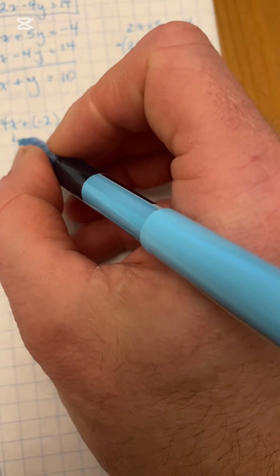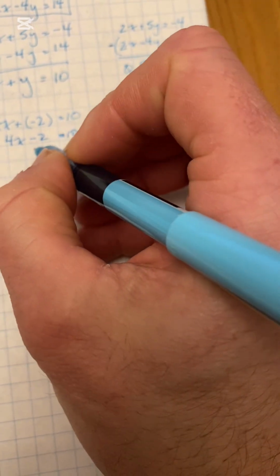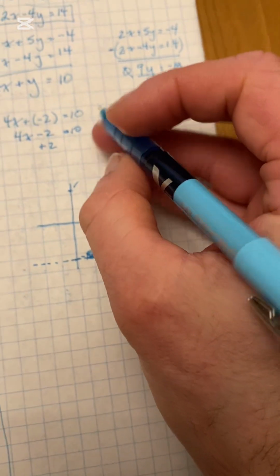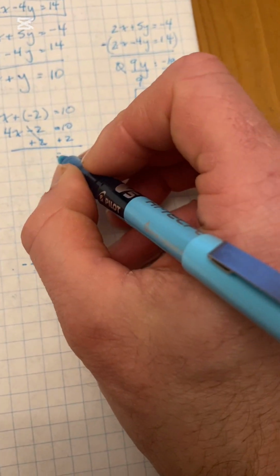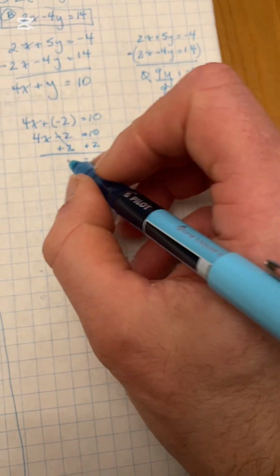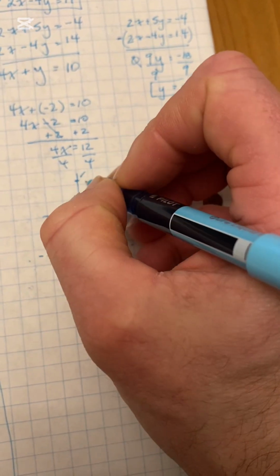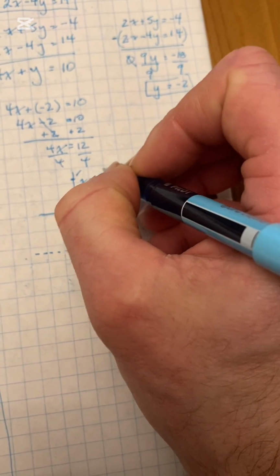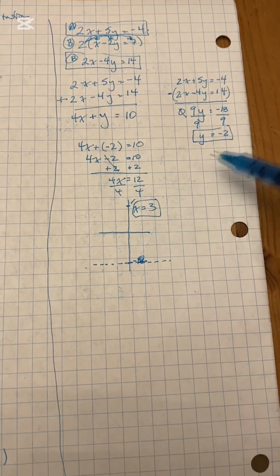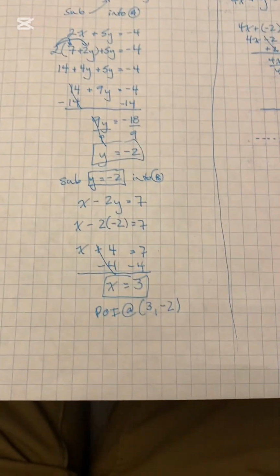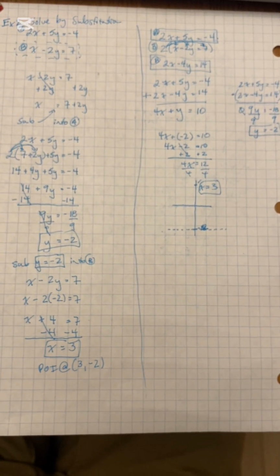Positive times a negative is a negative. Plus 2, plus 2. 12 equals 4x, divided by 4, divided by 4. x equals 3. Oh my goodness, where's your point of intersection at? x equals 3, y equals negative 2, which is the same as our point of intersection there, and you've done the exact same work by substitution.